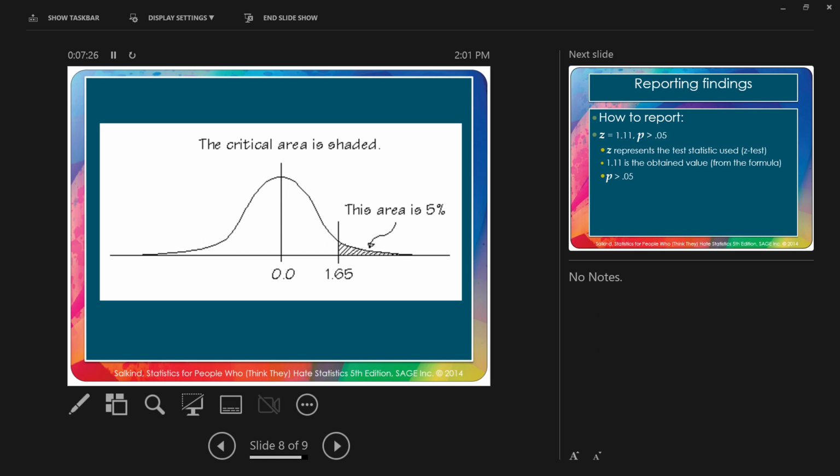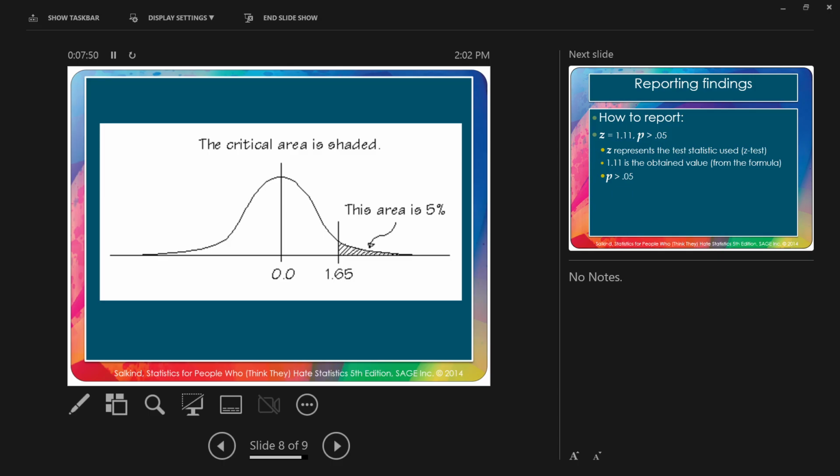Let's say that we had chosen a one-tailed directional hypothesis instead. Let's say that we had said that the current stats class will have a significantly higher score on exam 2 compared to previous classes. Then instead of using a critical value of 1.96, we would instead use a critical value of positive 1.65.